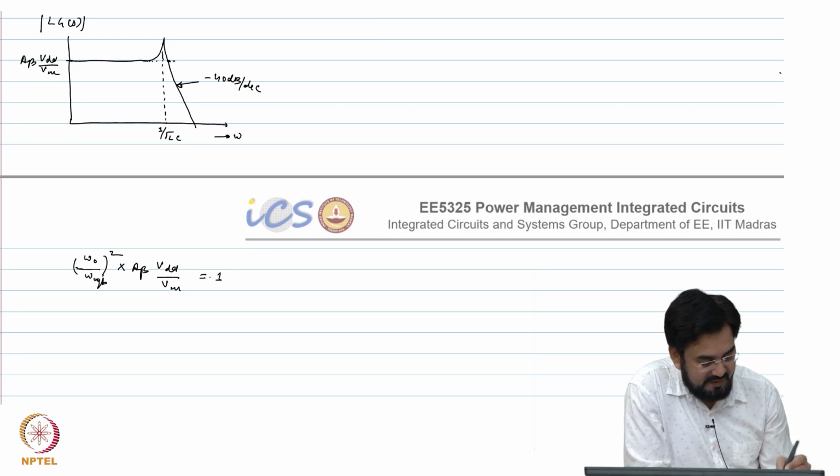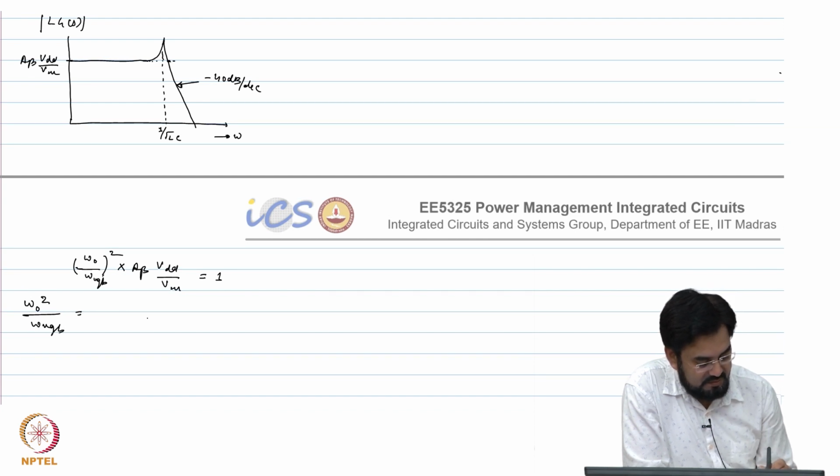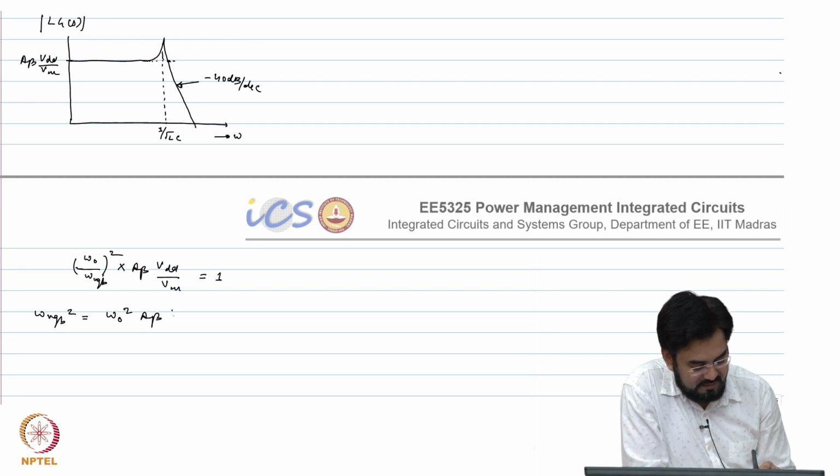So, from here we can find the omega UGB. So, omega naught square over omega UGB square equal to how much? Let us move that omega naught square. So, omega UGB square equal to omega naught square A beta VDD over Vm.